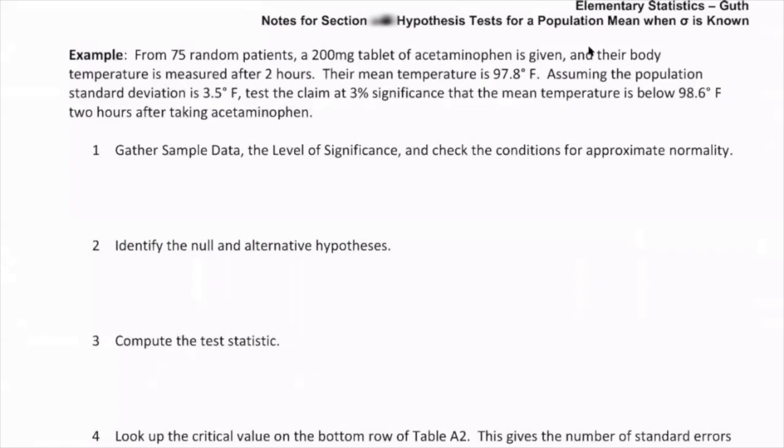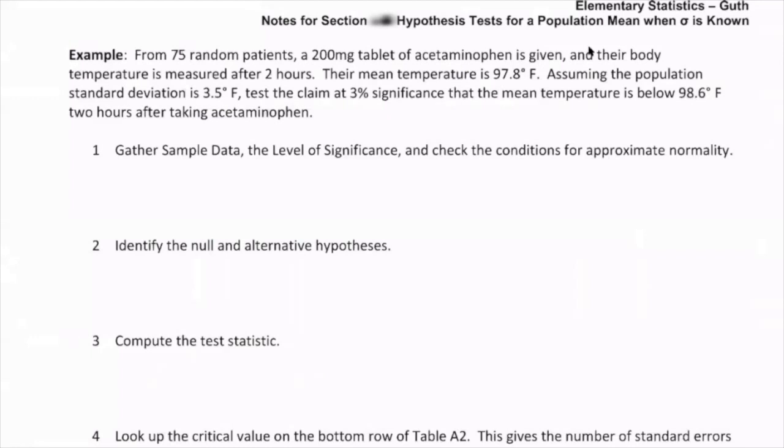Assuming the population standard deviation is 3.5 degrees Fahrenheit, test the claim at 3% significance that the mean temperature is below 98.6 degrees Fahrenheit 2 hours after taking acetaminophen. That's just Tylenol, and we know Tylenol is pretty good at lowering body temperature. So let's see how this goes.